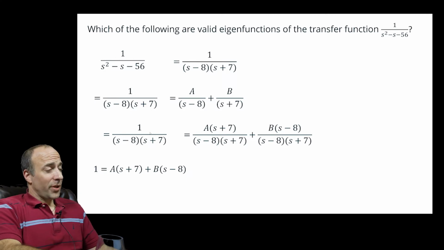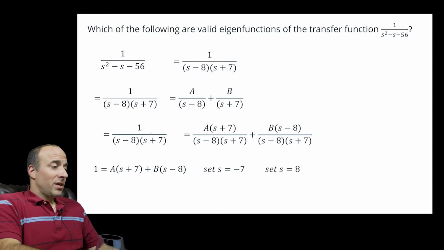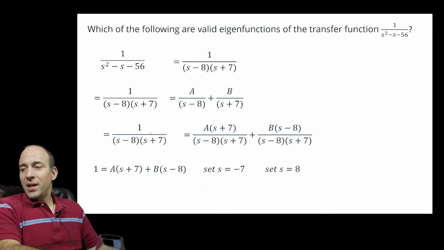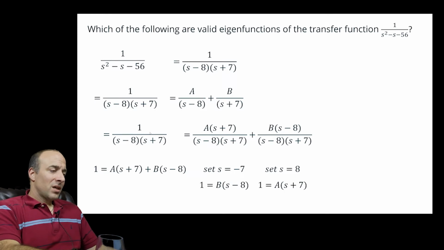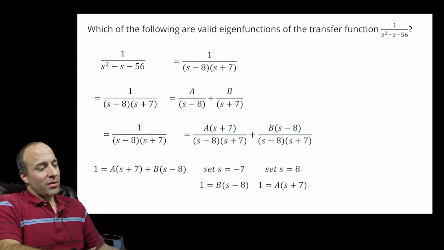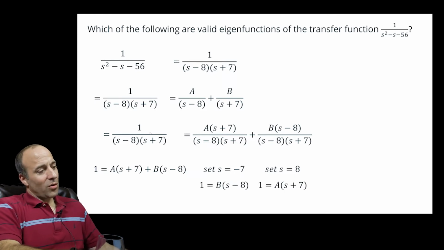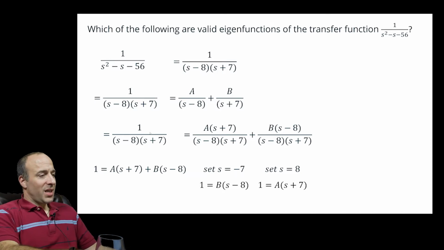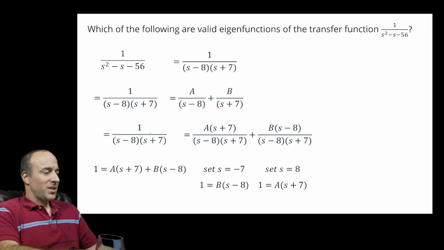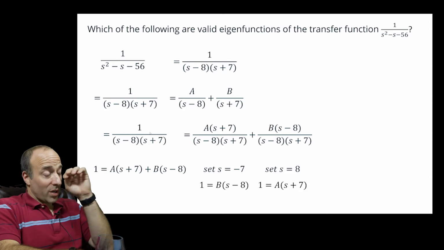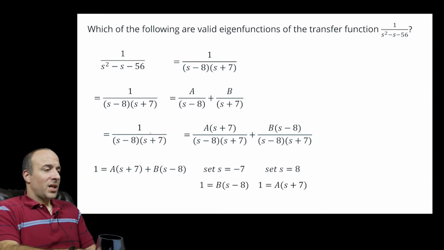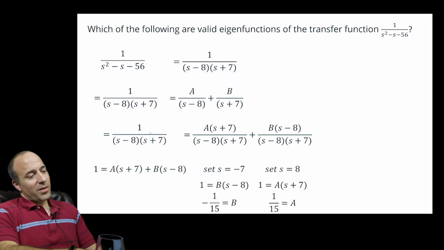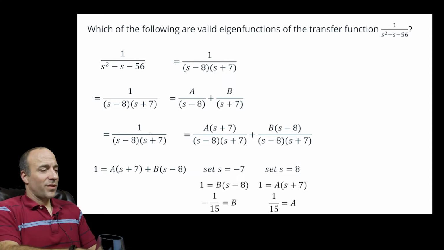So yeah, what do we do now? Well, we could set s to be -7. If that's the case, then we end up with one equation and one unknown. 1 equals b times s minus 8 because one of the two terms on the right hand side is 0. And if that's the case, then b is -1 over 15.